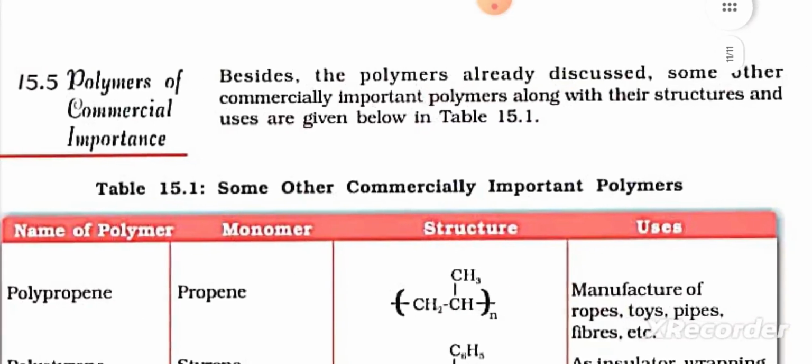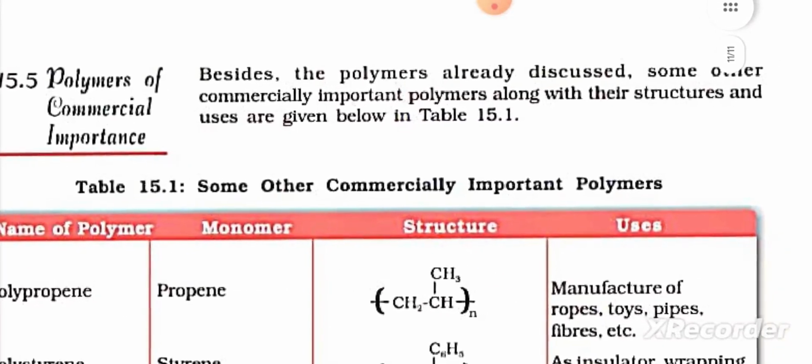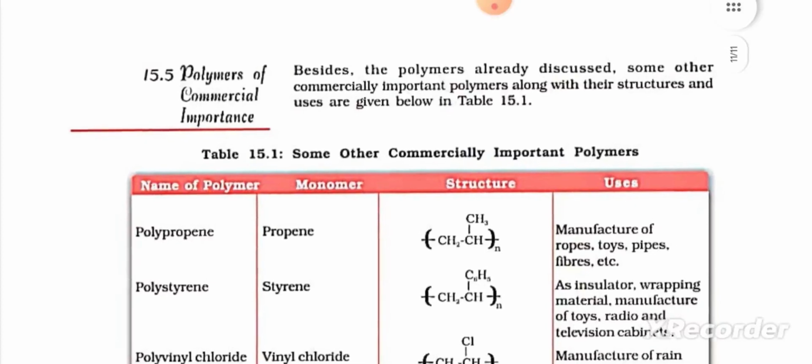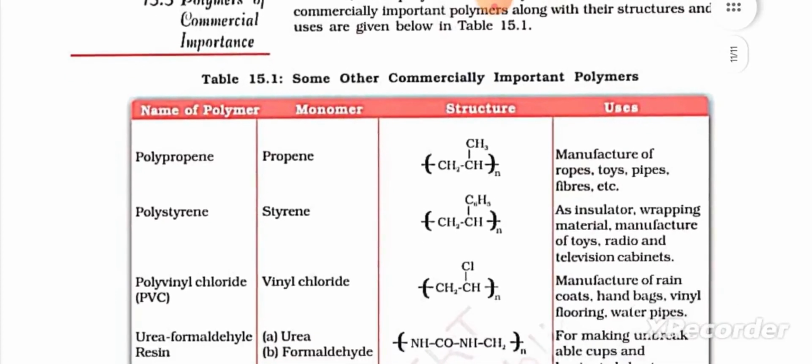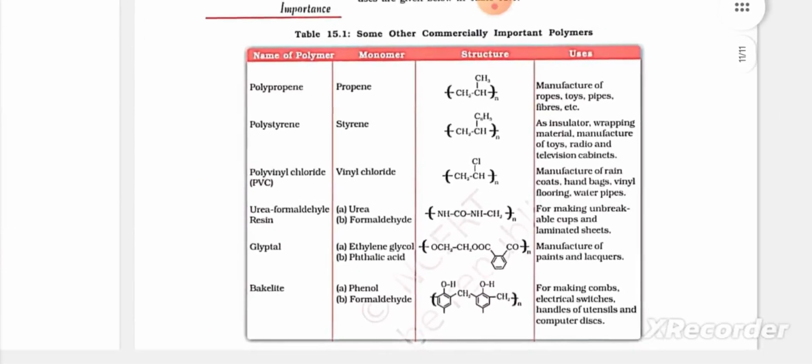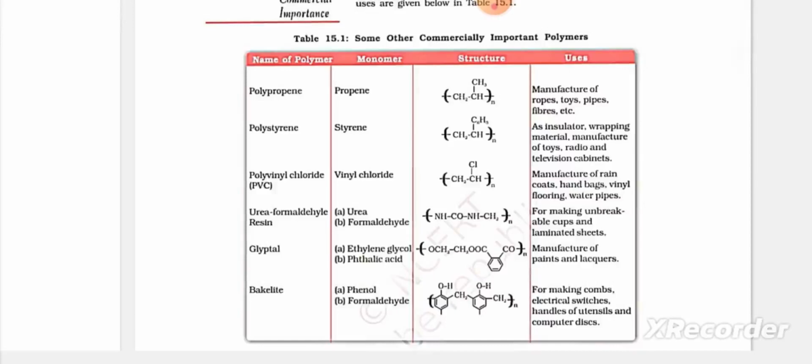Section 15.5 Polymers of commercial importance. Besides the polymers already discussed, some other commercially important polymers, along with their structures and uses, are given in the table below. Polypropene: its monomer is propene.